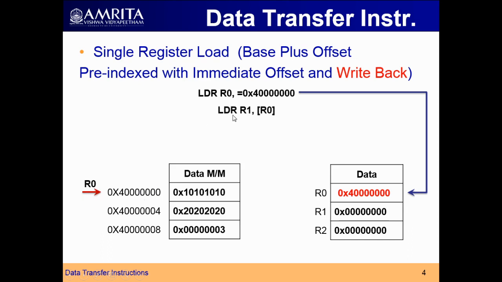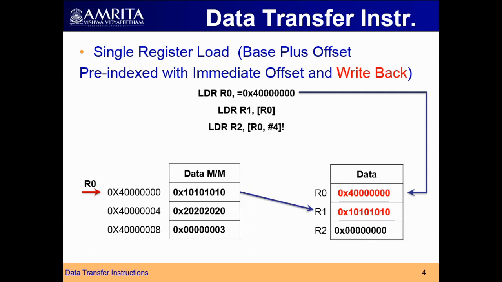Then the next instruction, LDR R1, [R0]. That means the content of the pointer, that is R0, the data pointed to by R0, will be moved on to R1. So you can see that R1 has this data.